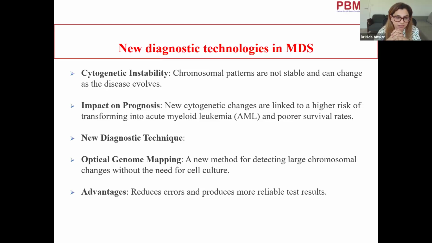Therefore, the new techniques, including optical genomic mapping, are new methods for detecting large chromosomal changes without the need for cell culture. Their advantages are reduced number of errors and producing more reliable test results. However, they are not employed in routine practice and are still in research.